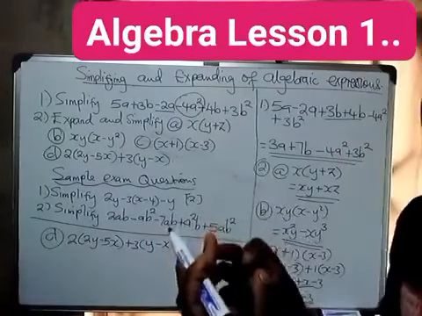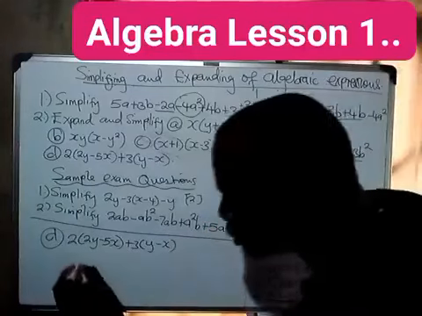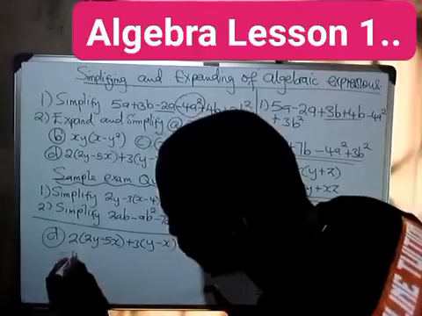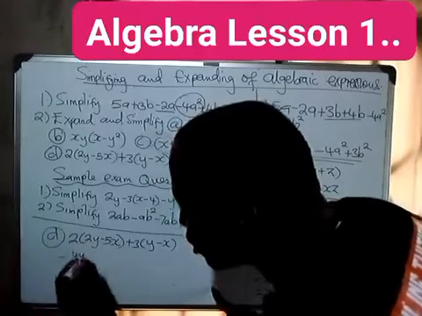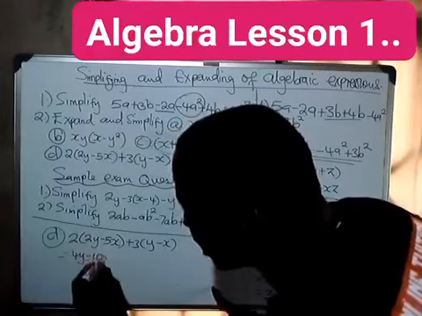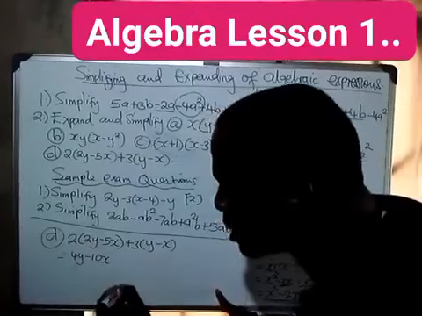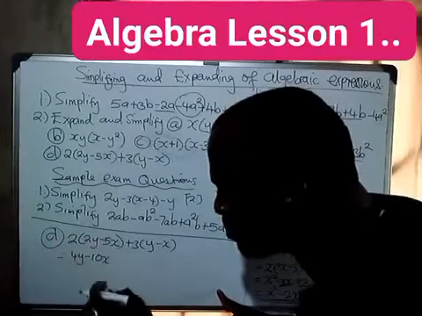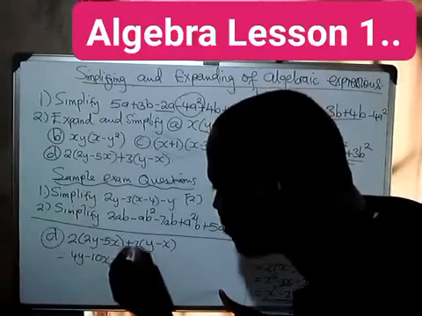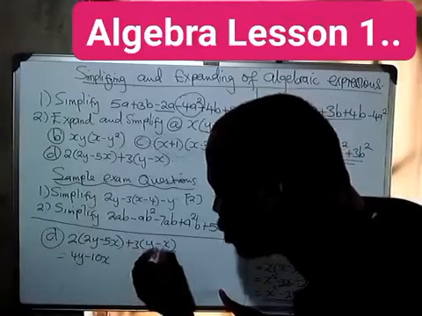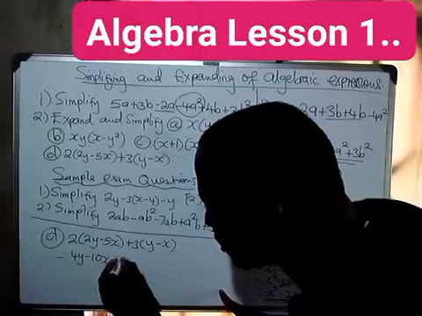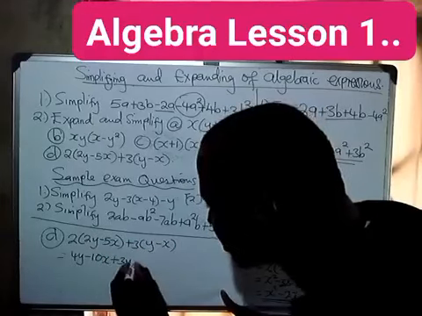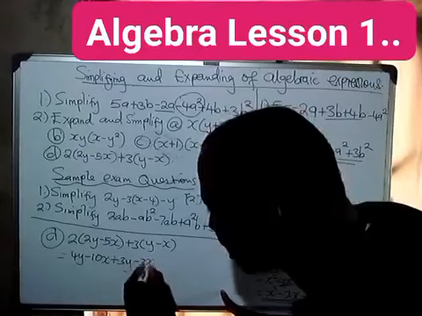Then we'll group like terms together and we add them. So 2 times 2 will be 4y. This one will be negative 10x because 2 times 5 is 10, and positive 2 times negative 5 is negative 10. Then we come here, positive 3 multiplied by y will be 3y. Positive 3 times negative x will be minus 3x.